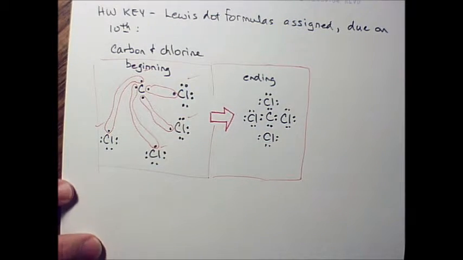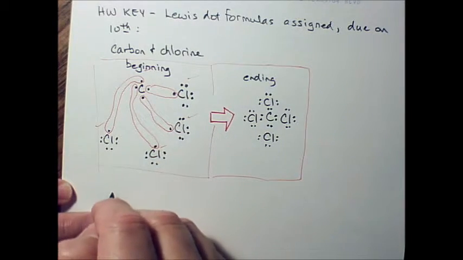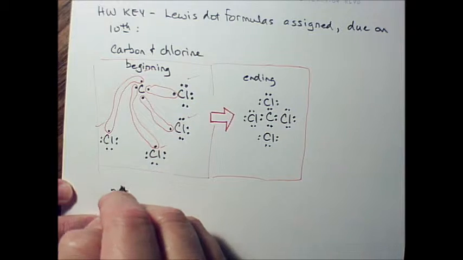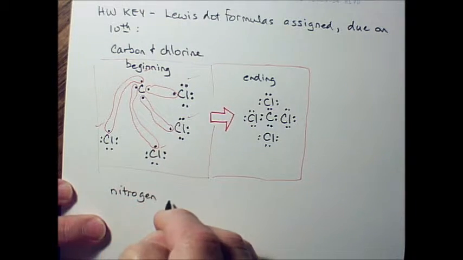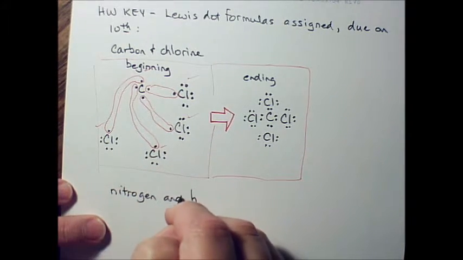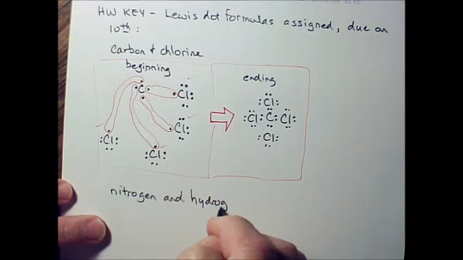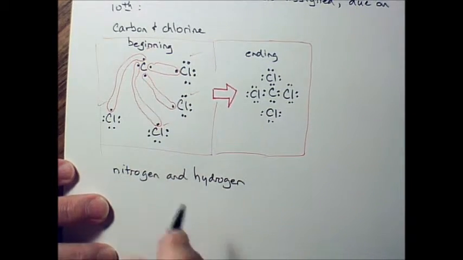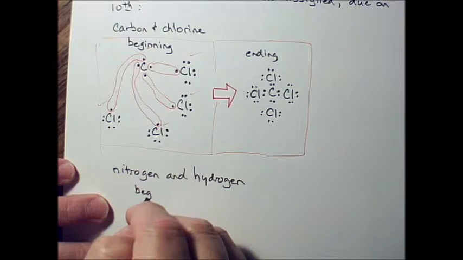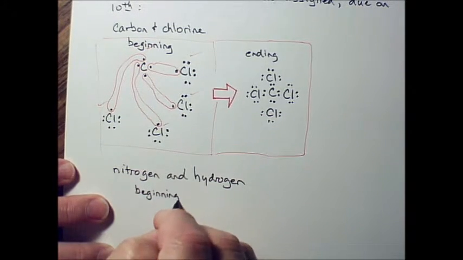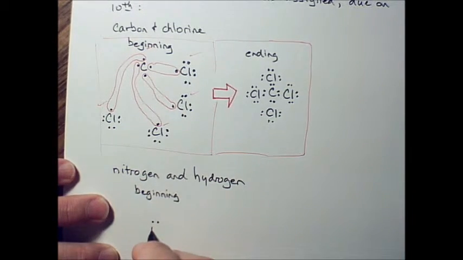Then you were asked to put together nitrogen and hydrogen. So nitrogen has 5 electron dots.